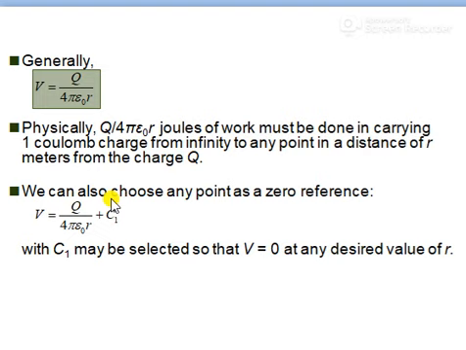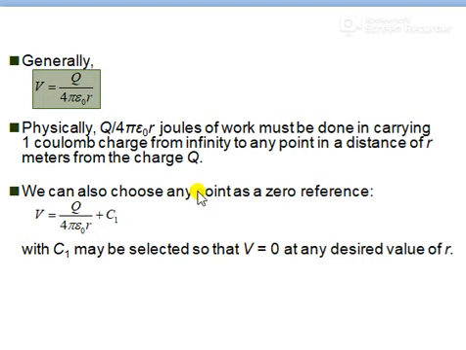We can choose any point as the zero reference, so V is equal to q by 4 pi epsilon naught r plus c1, where c1 may be selected so that V is equal to 0 at any desired value of r. So this is about the potential of the field at any point.